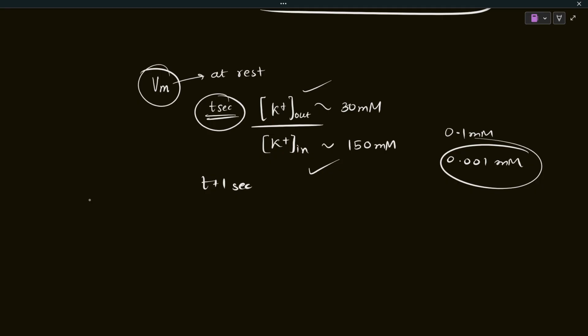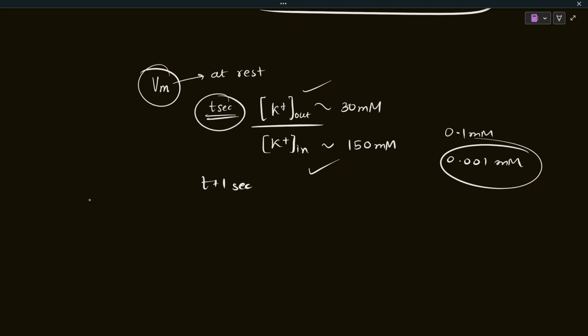But in the case of action potential, it follows the all or none law. So you need to cross a certain threshold value for an action potential to generate, and once an action potential is generated, no matter how strong the stimulus is, or for how long that stimulus lasts, the action potential will propagate from one end of the neuron to the other end.